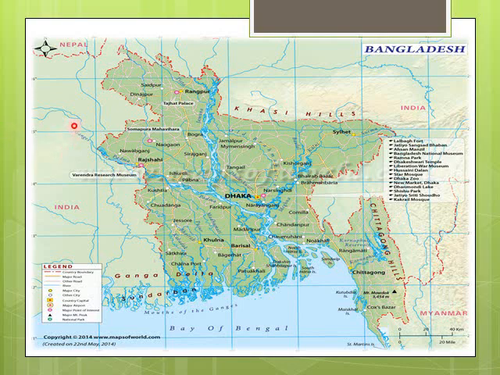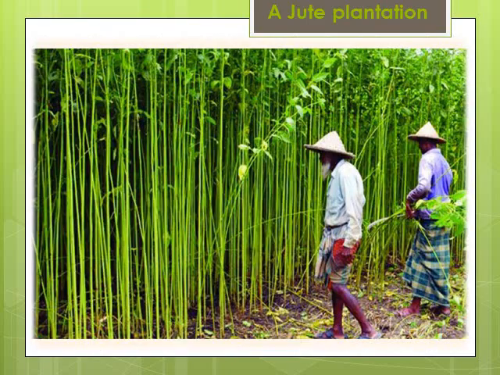And the Ganges, this long water channel is the Ganges. Okay, so this is the picture of jute plantation in Bangladesh.